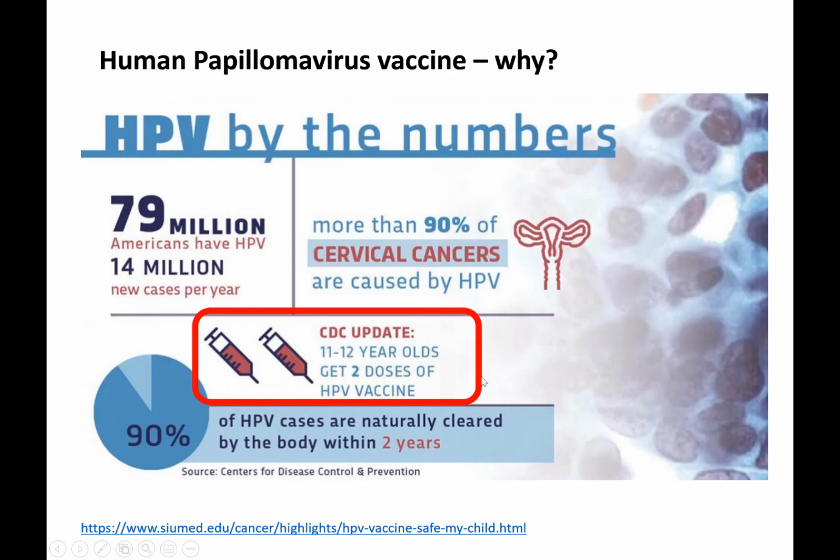And the great news is it used to be a 3-dose vaccine. It's now just 2 doses. And they recommend very young people getting it. 1, you have a better immune response. And 2, they want to try to get the vaccine to boys and girls before they're sexually active, before they have this potential to be exposed to HPV.